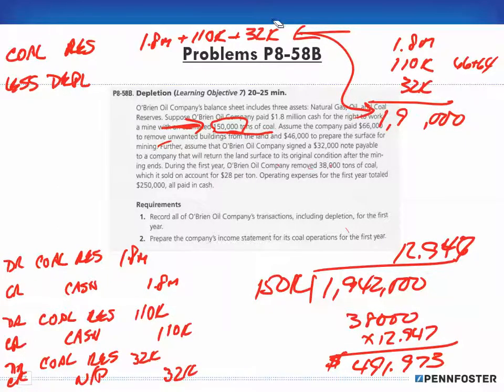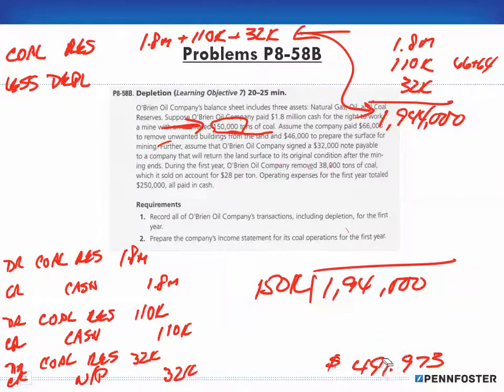This here should not be 42. 1,944,000. Okay, there's where my error is. When I add this up, I should get 44,000, not 42,000. That's why I was slightly off.